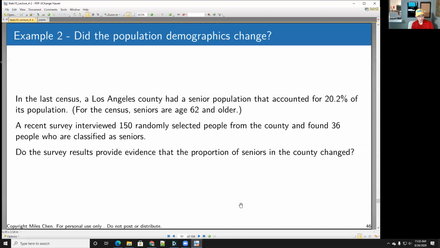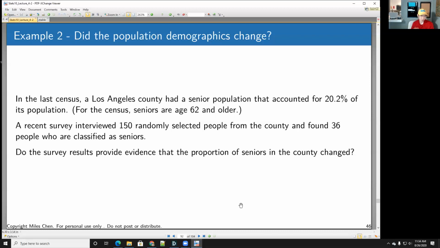In the last census, which was already 10 years ago, in Los Angeles County, we had a senior population of around 20.2%. For the purposes of the census, a senior was anyone aged 62 or older, and they accounted for around 20.2% of the population in Los Angeles County.